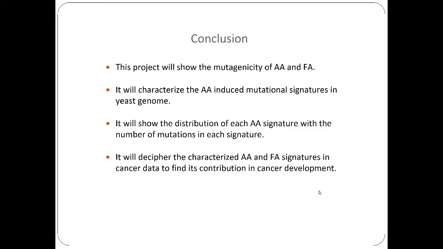The conclusion of my project is to show the mutagenesis of both acetaldehyde and formaldehyde, to characterize the acetaldehyde-induced mutational signature in the genome, and to show the distribution of each acetaldehyde signature with the number of mutations in each signature. And finally, I will decipher those characterized signatures in cancer data to see if they have contributed to cancer development.